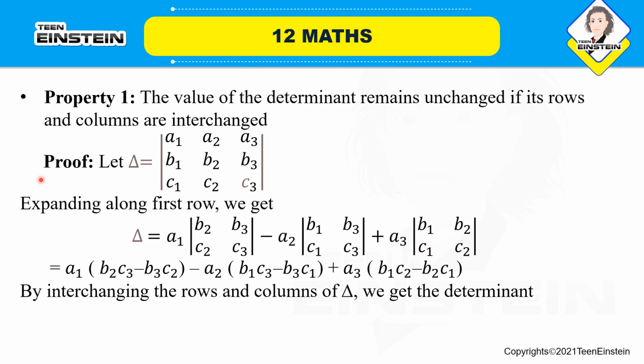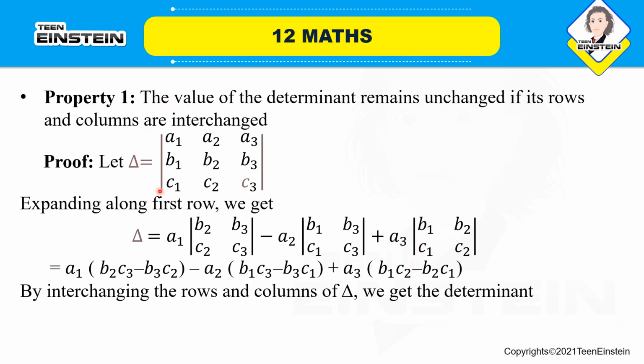See the proof. Let delta be equal to the determinant with rows A1, A2, A3; B1, B2, B3; C1, C2, C3. I am considering this determinant in order to prove the given statement.